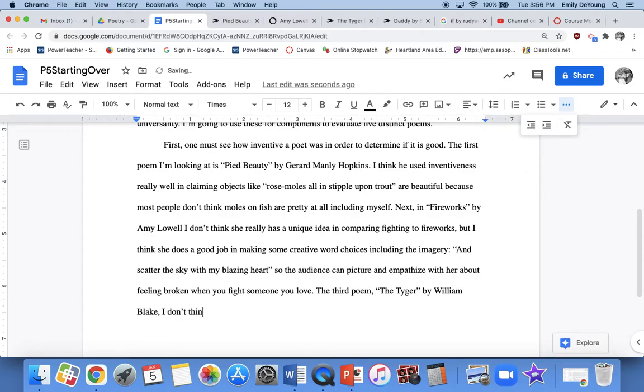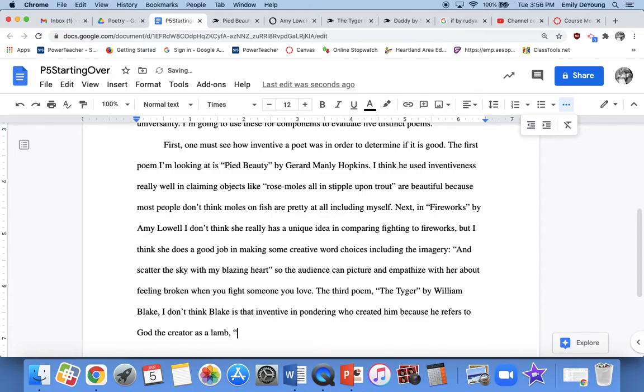I don't think Blake is that inventive in pondering who created him, because he refers to God the Creator as a lamb.